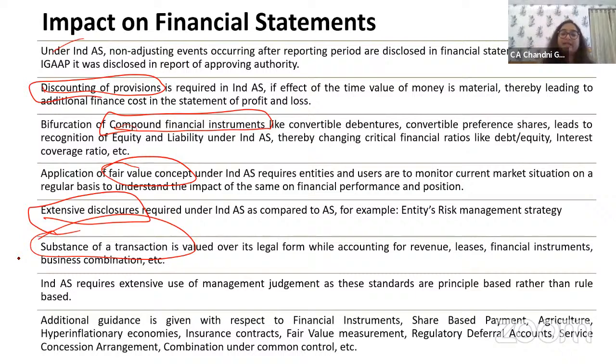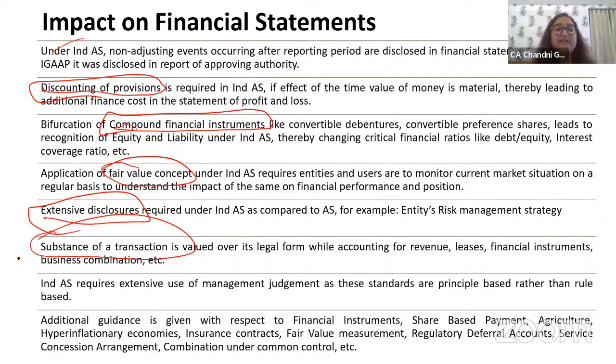But in Ind AS, standards are actually based on the concept of substance over form. For example, revenue. Earlier, revenue was recognized when, say, the delivery was happening, or when the sale was happening. But in Ind AS, revenue is recognized when the performance obligations are satisfied.